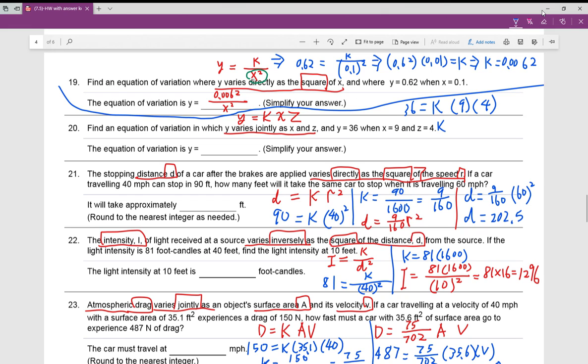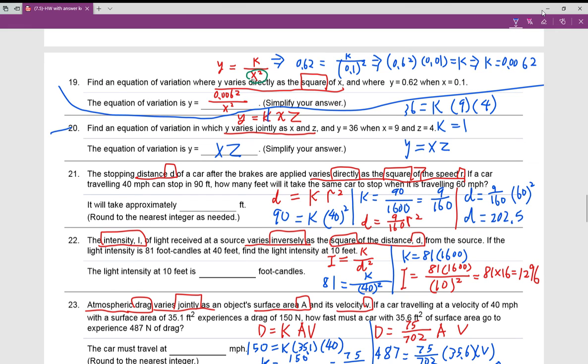Therefore, you can solve for k equals 1. When k equals 1, this is 1, right? So y equals xg. Done. I made a mistake here. Okay, I need to fix it.